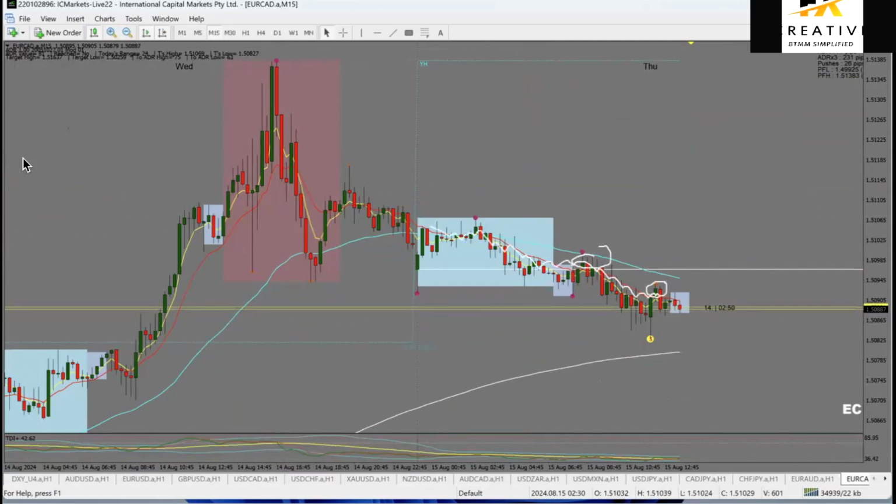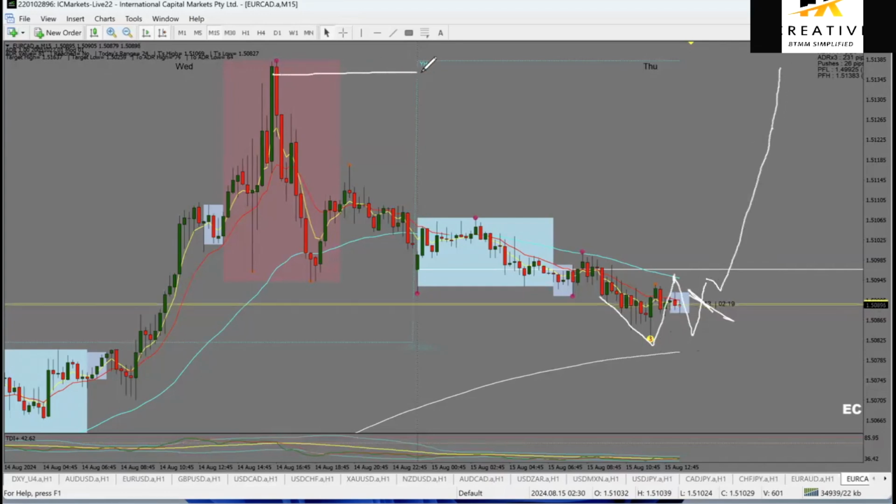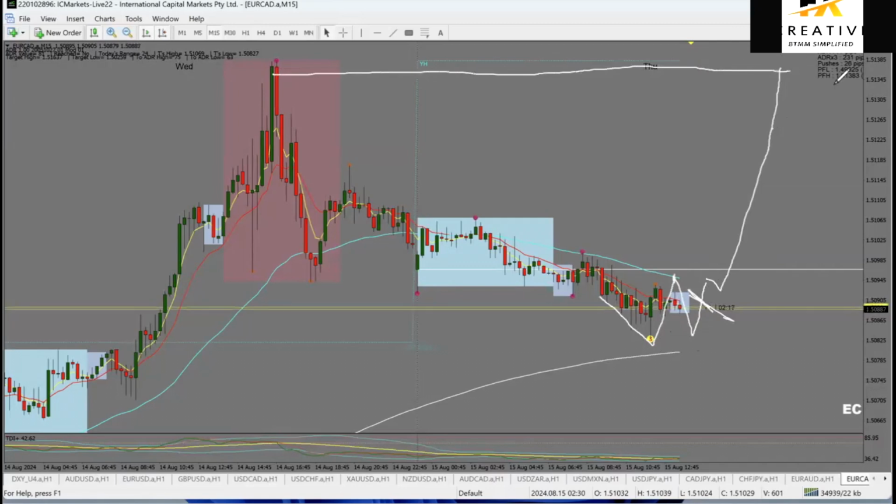So what am I expecting to see? I'm expecting to see the market actually coming down, going up. Even if it touches that 50 EMA, I'll be okay. Come back down. And then the moment they close above the 13 EMA, then I'll take it because I know they are going to move, and my first target will be that previous high.